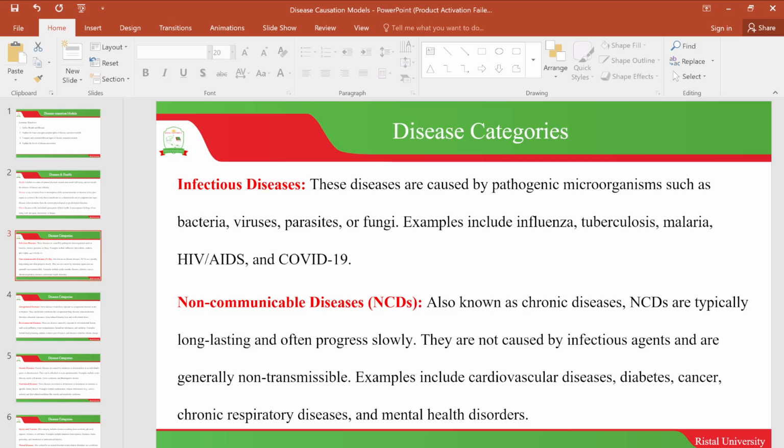The communities or societies are developing at a rapid state. Urbanization is increasing. Sedentary lifestyles and eating processed foods always contribute to these non-communicable diseases. So they are on the rise, and that's why we are experiencing this.